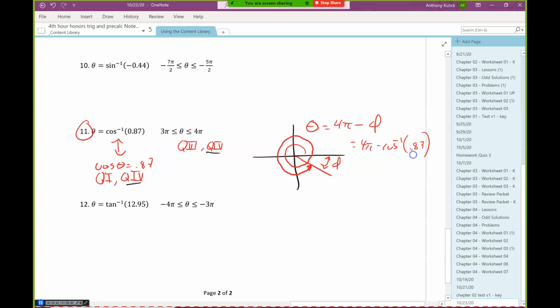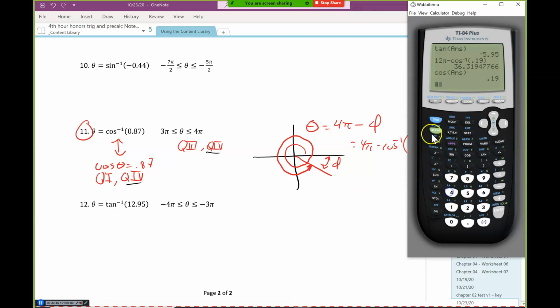So 12.05. And if you wanted to check, cosine of 12.05 is 0.87. Does that feel okay, Bella? Mm-hmm. Okay.